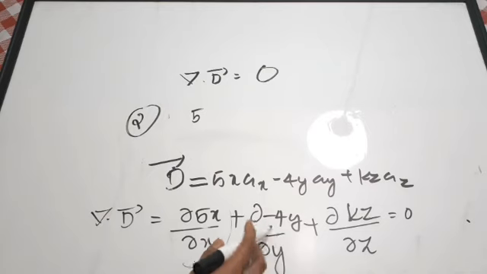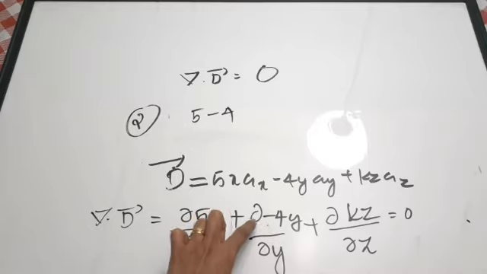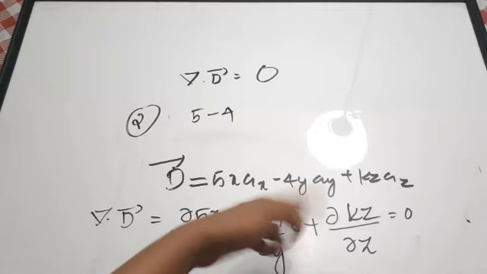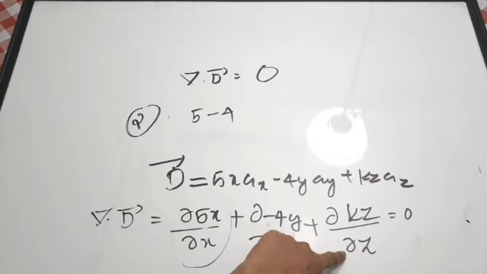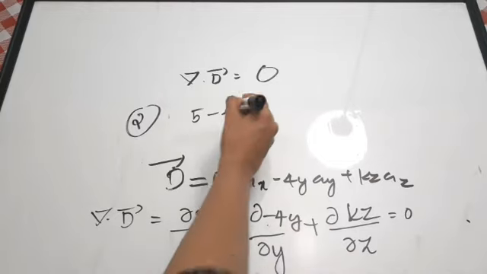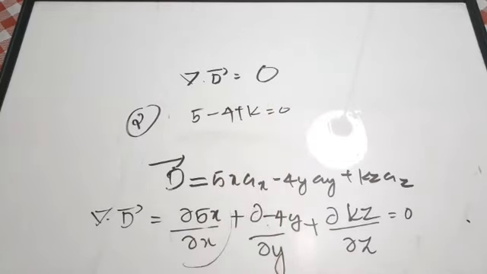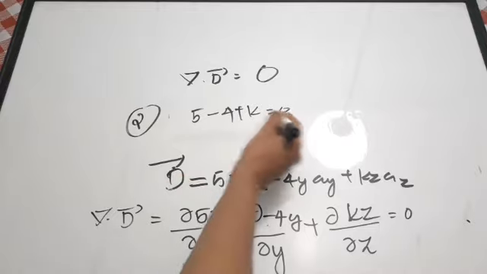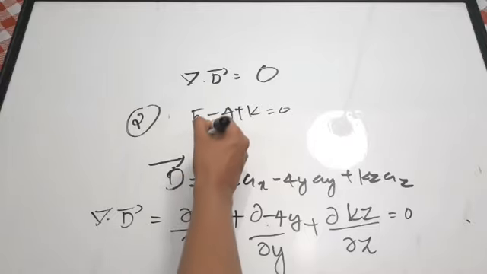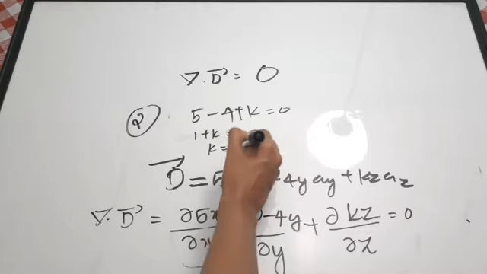If you evaluate this term, there is a minus. Don't forget to take the minus. It is minus 4, dou y by dou y gets cancelled. Then here if you evaluate, you will be getting k. So plus k equal to 0. That is your result coming. So 1 plus k equal to 0, or k equal to minus 1.